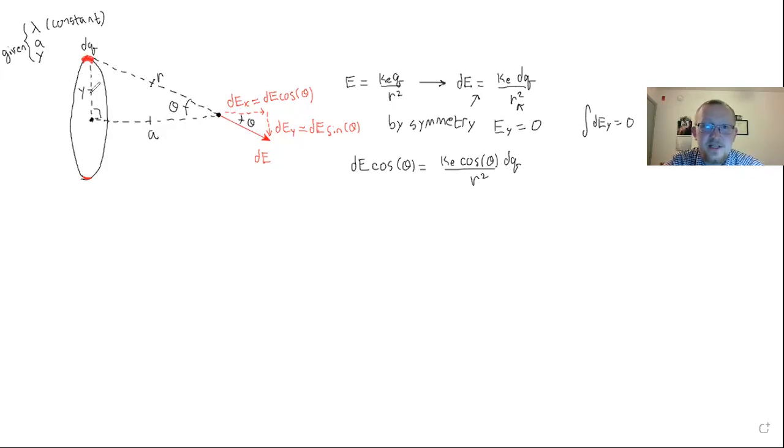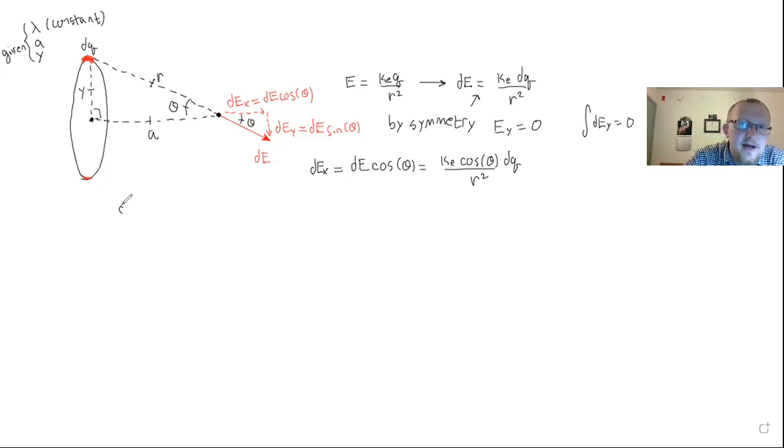In this case, I've specifically labeled the radius of the circle of wire y, and I've labeled the distance from the charged ring to this point of interest with r specifically so that it won't confuse us, and this equation will be able to use the same symbology. All right, and of course we know dE cosine theta is equal to dE_X.